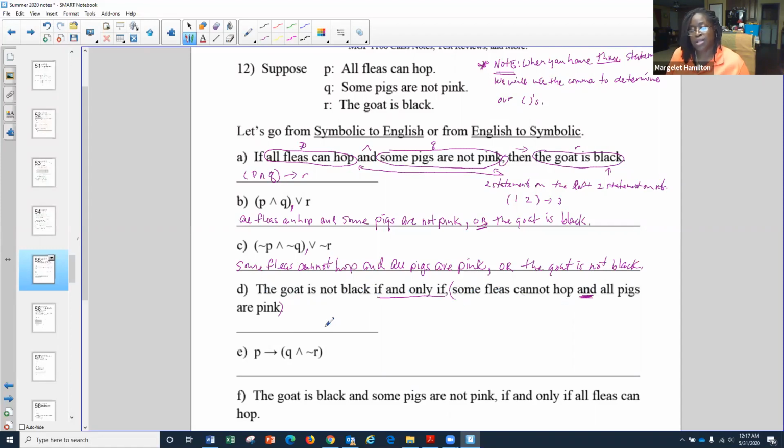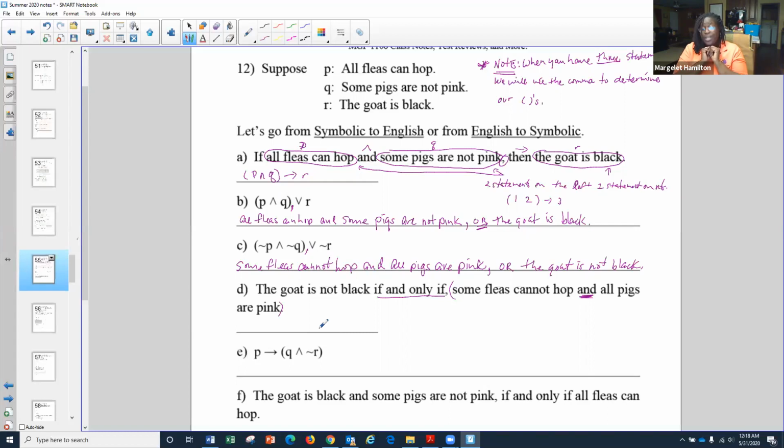So you have this one statement leading off, and then they have if and only if, and then you have these two statements. So we know that our parentheses should be at the end of our statement. What statement? An if and only if statement. That's the heart of our thing. So that's the double arrow in the middle. All right. So leading off with our R statement. And our R is going to be negated.